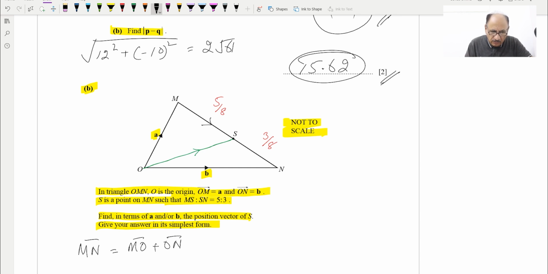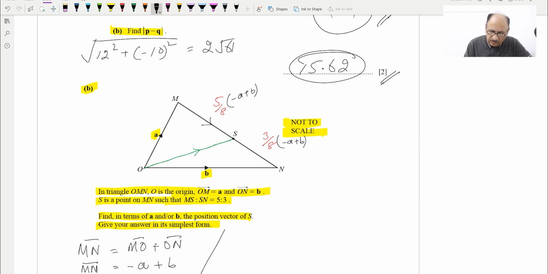We can write MO is minus A because of the opposite direction, plus B, so minus A plus B will be our MN. Then MS will be 5 by 8 of minus A plus B, and SN will be 3 by 8 of minus A plus B.